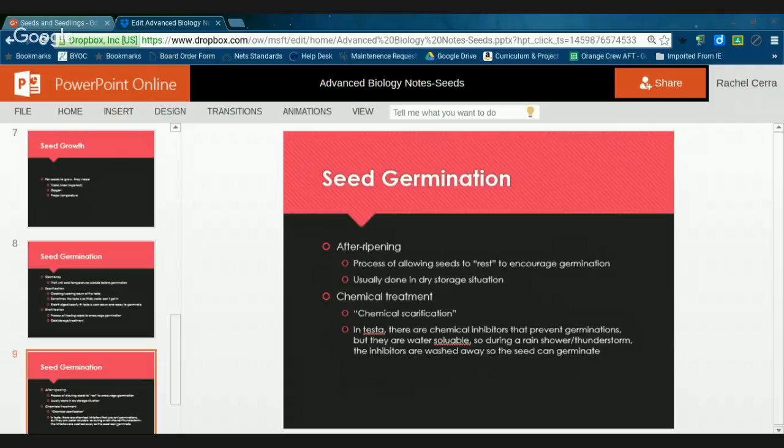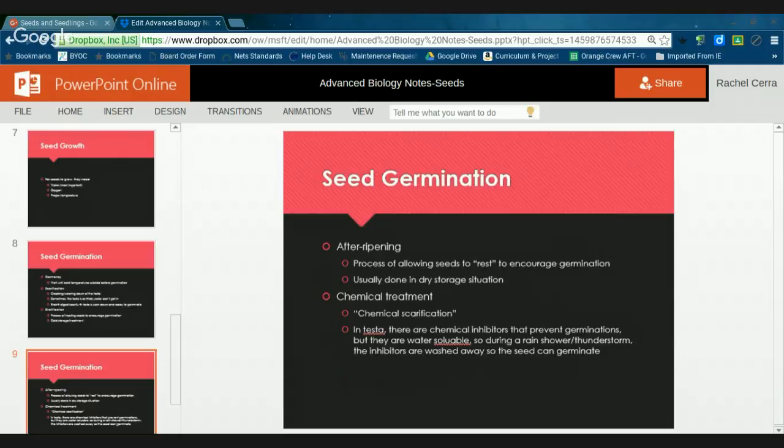However, these chemical inhibitors are generally water soluble, so in an early spring shower, those chemicals will be washed off, and then the water and oxygen are able to break through that testa and reach that embryo and start the growth. Sometimes you have to put it into a chemical to wear down the seed testa.